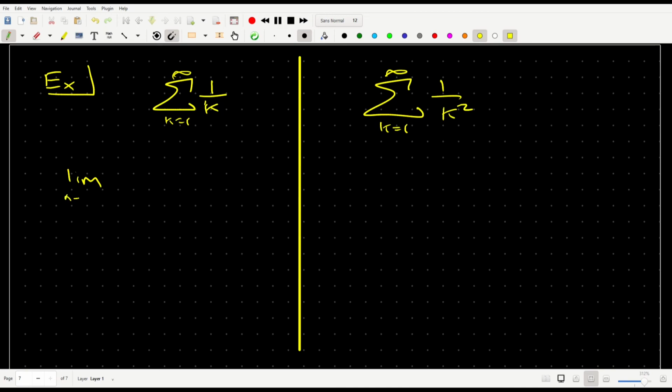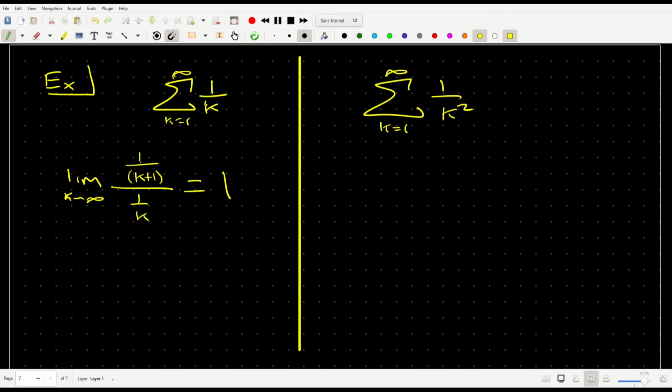The limit for the harmonic series is going to be 1 over k plus 1 over 1 over k as k goes to infinity. And this ratio, after simplifying and doing L'Hopital's rule, ends up being 1.